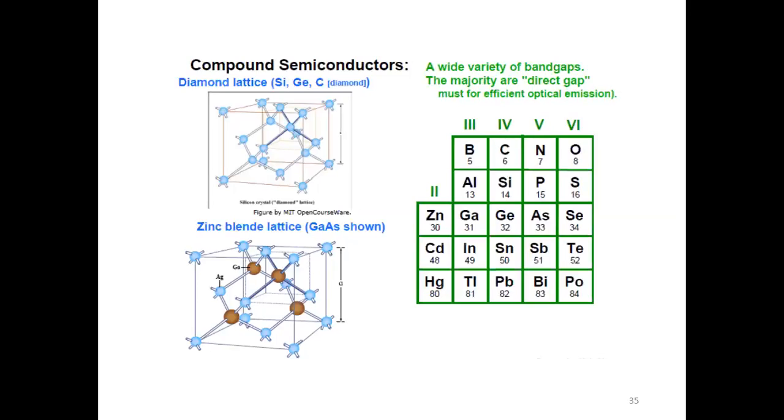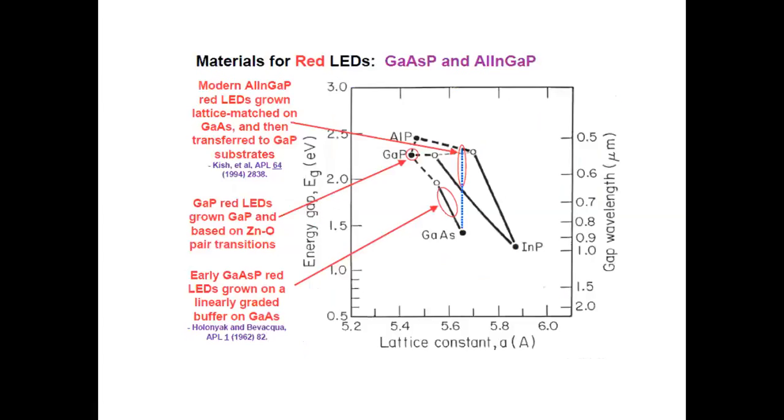Now there are some compound semiconductors, like gallium arsenide, which are extremely effective for use as LED materials, like gallium arsenide phosphide and aluminium indium gallium phosphide. These are used for red LED, with lattice matching with the gallium arsenide and then transferred to the gallium phosphide substrates.